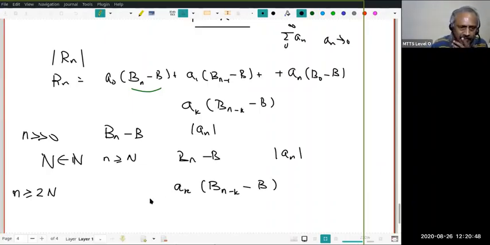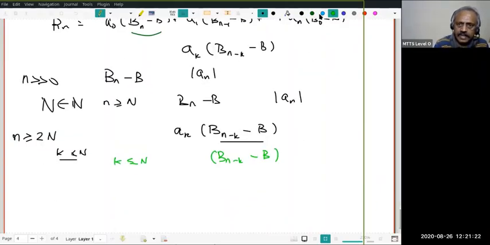Now if my k is less than or equal to n, then n minus k will be greater than or equal to capital N. Therefore, this term bn minus k minus b will be easier to estimate. You understand this? So when k is less than or equal to n, this term is easier to estimate.